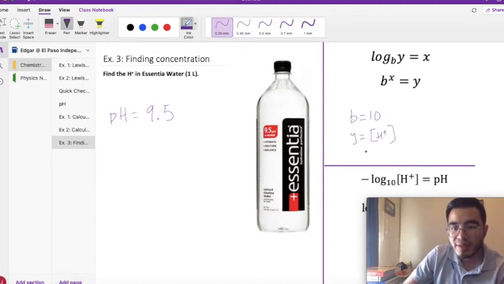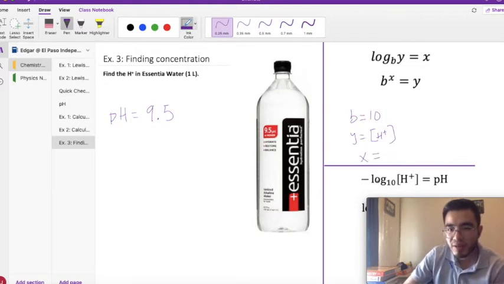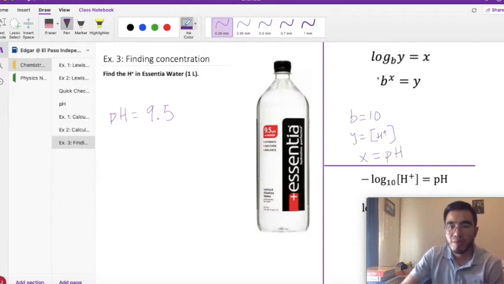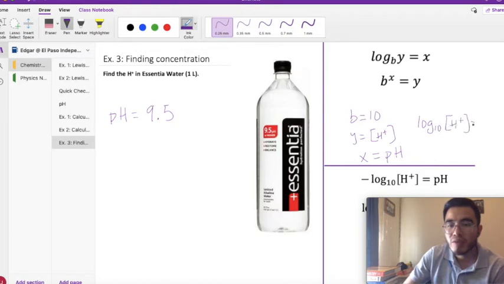And X was the pH, because if you see it over here, let's compare log base b of y equals x to log base 10 of concentration equals pH. So the X was our answer, that was the pH. Now if you apply this, you would have log base 10 of H plus equals pH, which is the equation for pH.